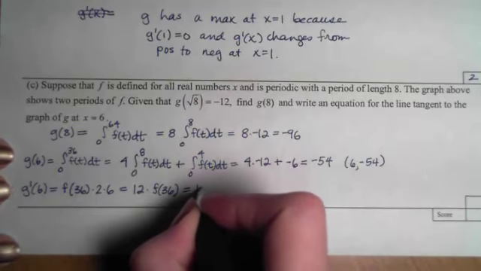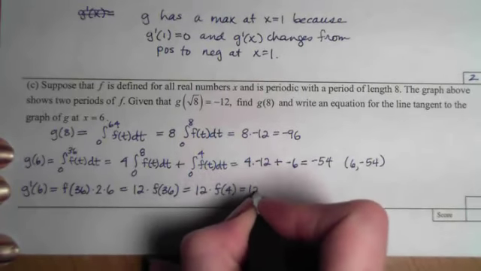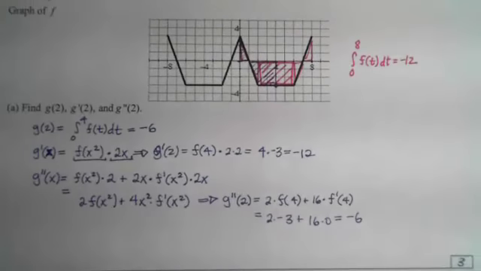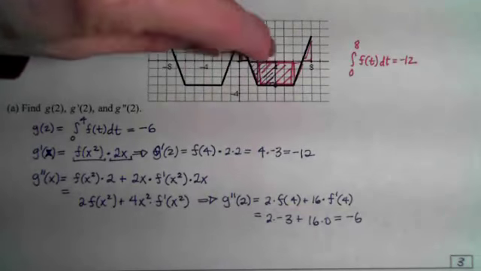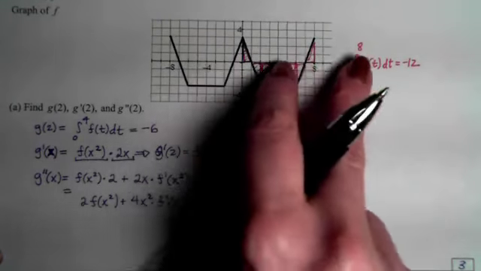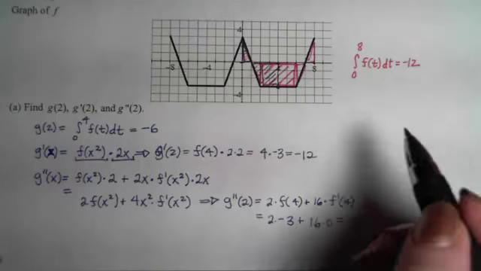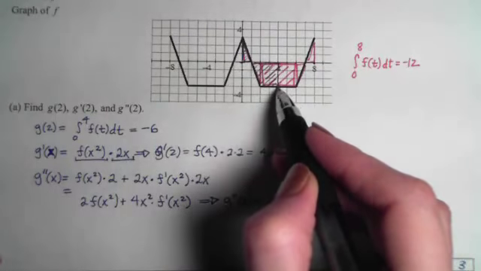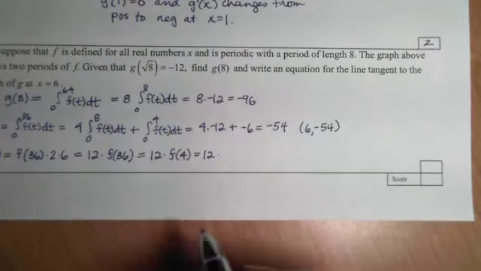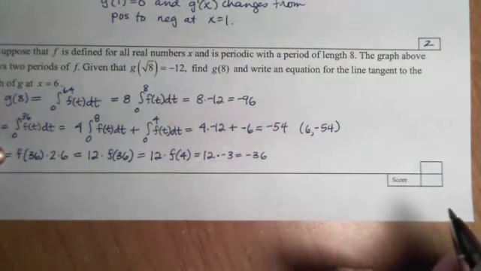So that will actually be 12 times f of 4. And if we go up and look at our picture, and remember that f of 4 is going to be in the same location as f of 36 if we repeat that panel multiple times, then we can see that the y-coordinate that will come out at 36 is the same as the y-coordinate that comes out at 4, which is negative 3. So I have 12 times the negative 3, which gives me negative 36.